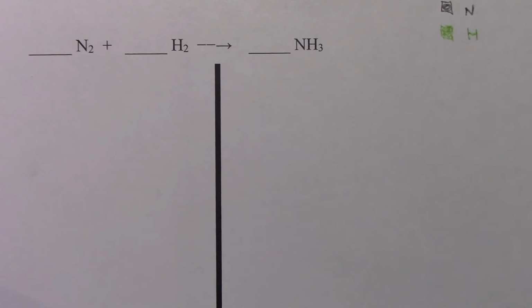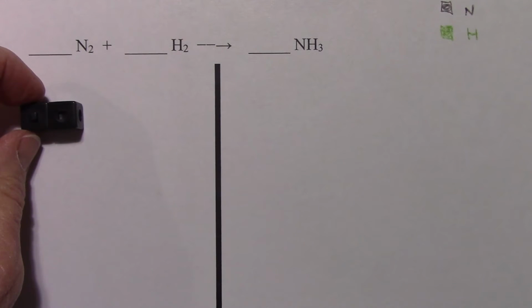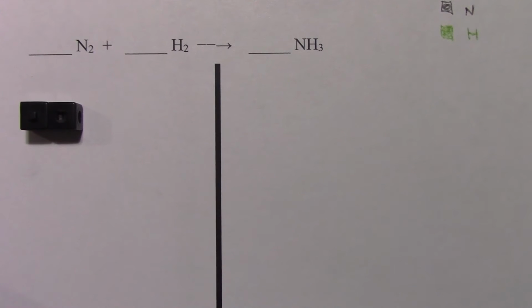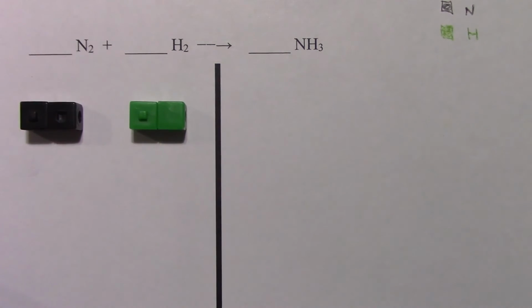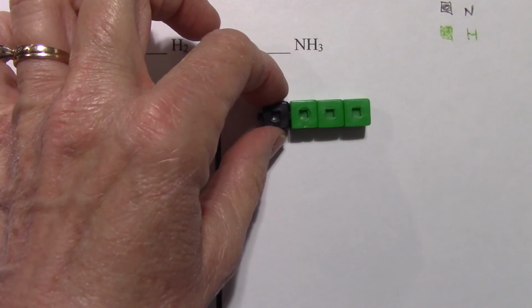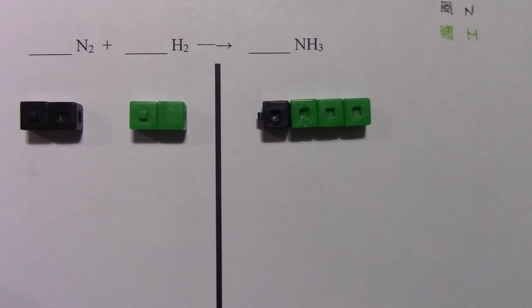So the nitrogen has 2 atoms together, and I'm going to use black for nitrogen, green for hydrogen, and for my ammonia, I have 1 nitrogen and 3 hydrogen. So I can see that my equation isn't balanced because I don't have the same number of atoms on the left as I have on the right.